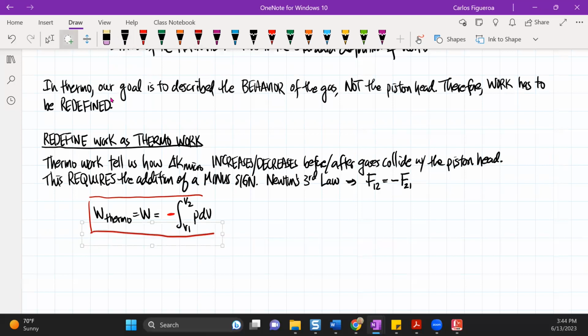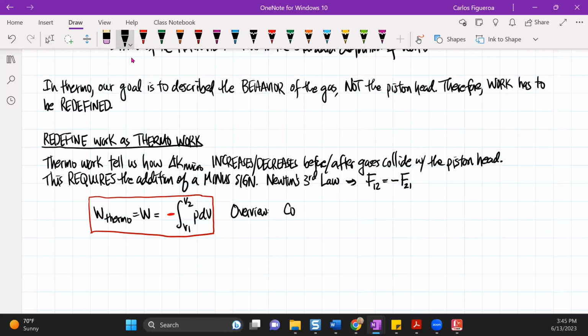And that's the only change. But it makes a huge, huge difference. By interpreting it this way, we can have an overview of what happens.